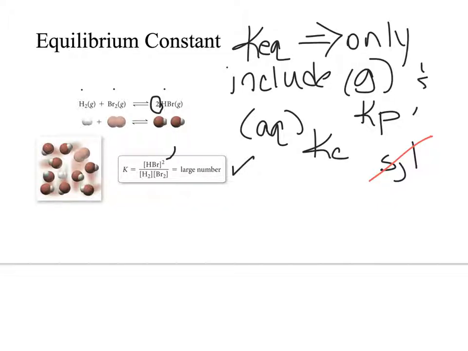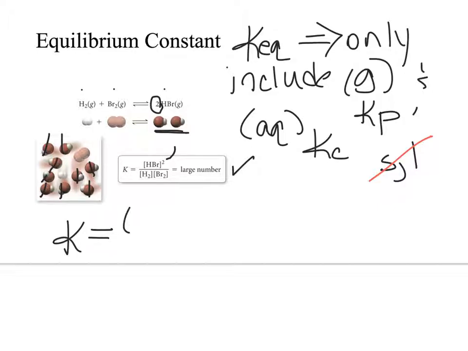That is assumed. All right, in this case, I can actually count the molecules in the picture and calculate KEQ. We'll assume that this system is at equilibrium. We're shown up here what the molecule of hydrogen bromide looks like, so we'll just count those. 1, 2, 3, 4, 5, 6, 7, 8, 9.